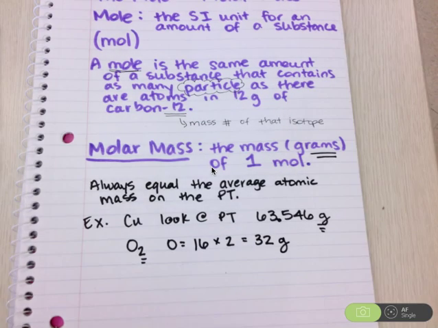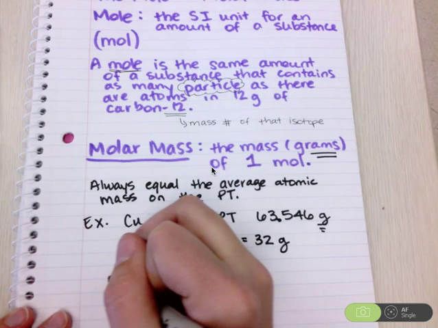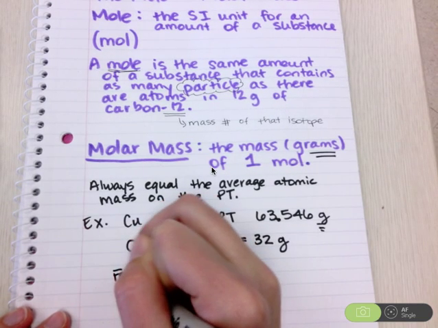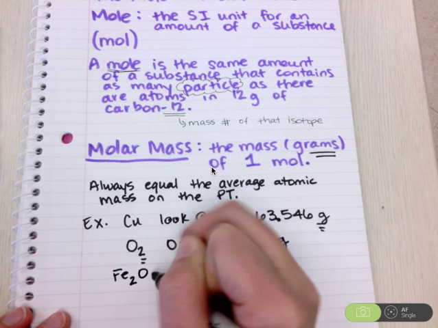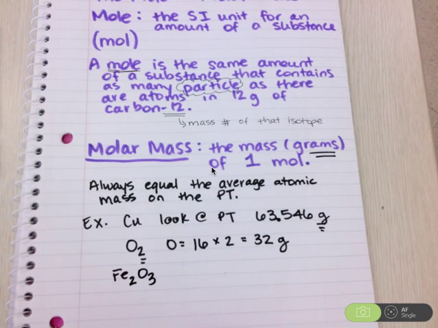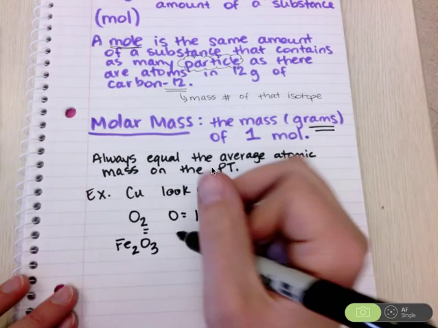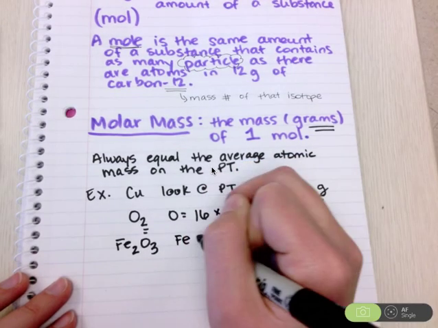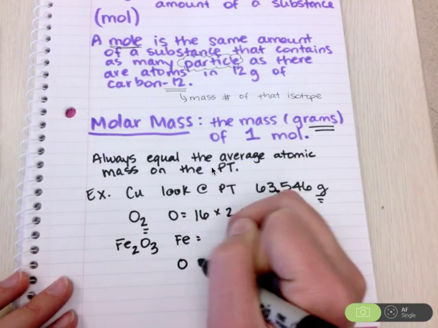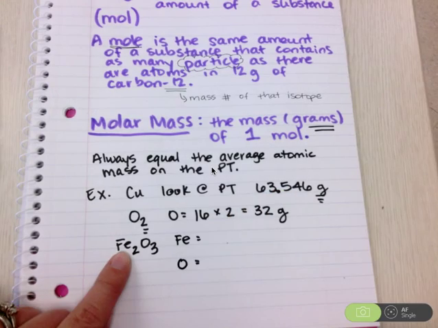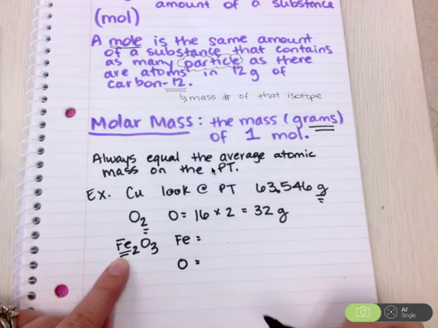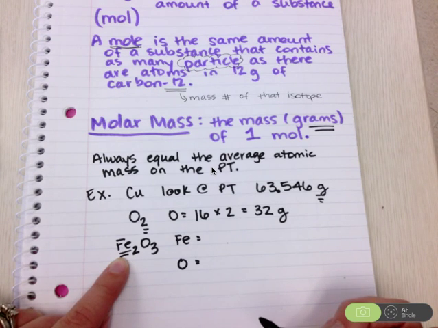All right, let's do another example. Let's say I have iron(III) oxide, which is Fe2O3. I have iron and I have oxygens. So I have to look at the periodic table to find the mass of iron. Iron on the periodic table is number 26.